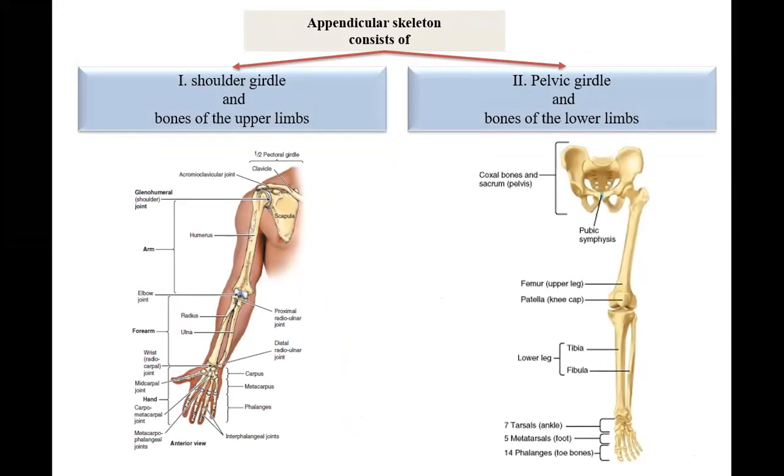This is called the pectoral girdle or the shoulder girdle and the bones of the upper limb. These are the bones. Similarly, in case of the lower limb, we have the pelvic girdle here and the bones of the lower limb. So we'll go one by one. What are the bones of the upper limb, and then we'll go to the bones of the lower limb.